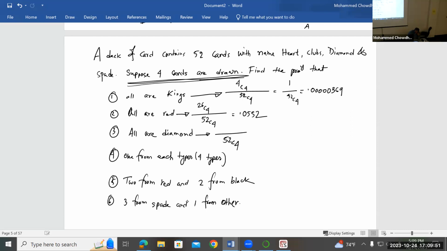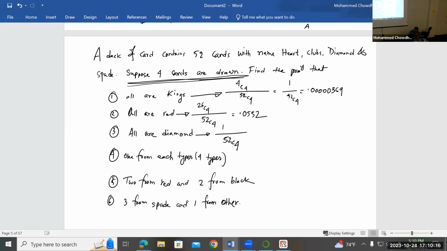52 choose 4. All are diamond. This boy in the back, all are diamond. How can you do that? Diamonds, hearts as well. There are 13 of them.